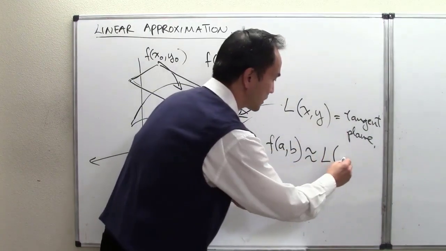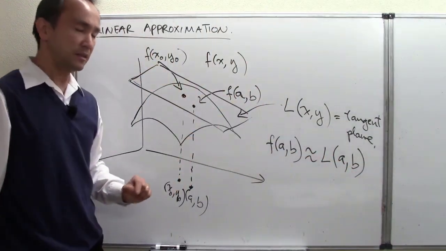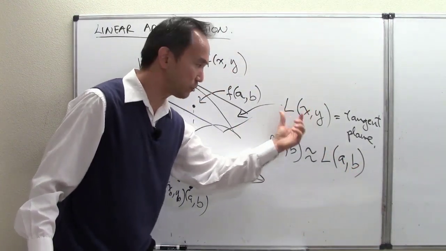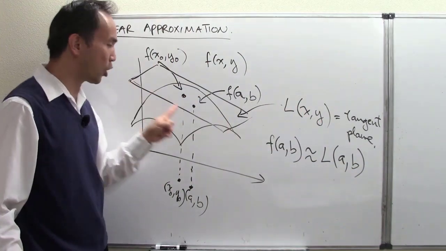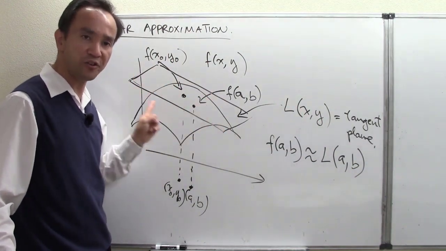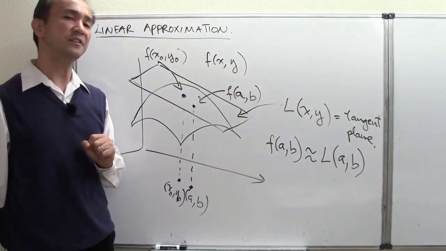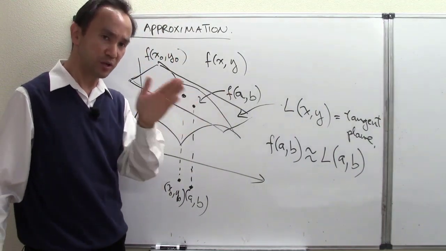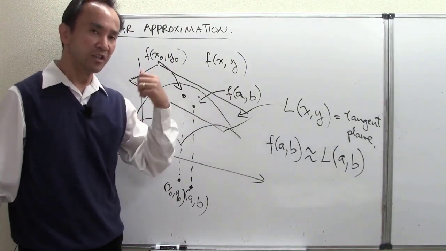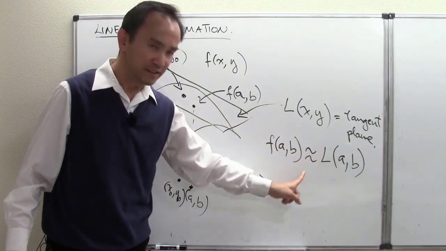We're going to substitute that a comma b into the linear tangent plane, and it's going to be a lot easier because it's only coefficient multiplied with variable, coefficient multiplied with variable. That's the thing about a linear function. Any linear function is a linear combination of coefficients and values multiplying and adding up, so it only involves multiplication and adding. That's the plan right there.